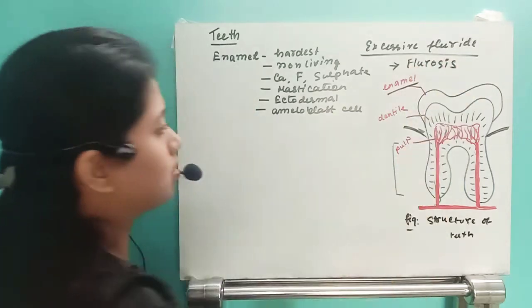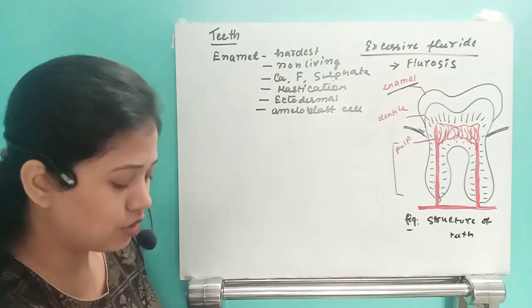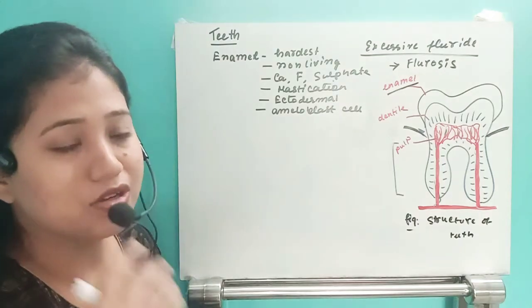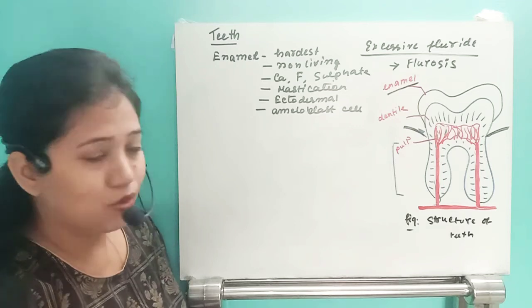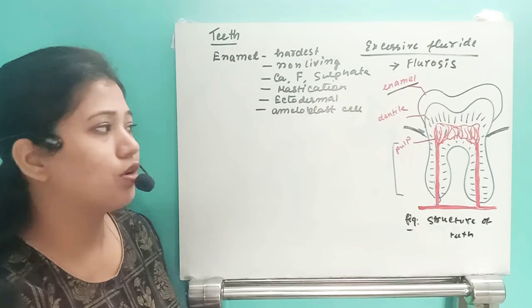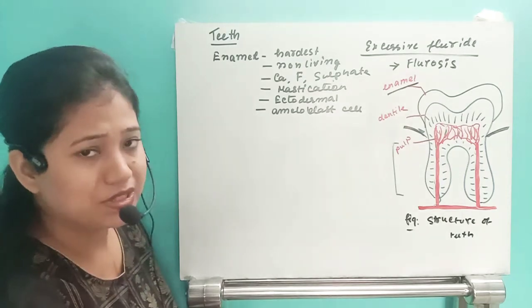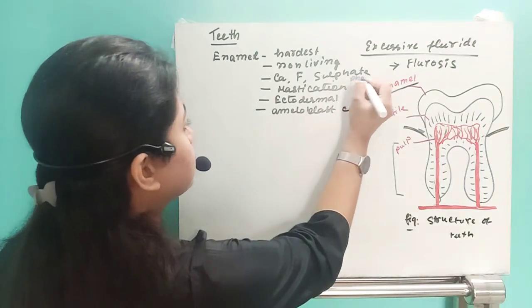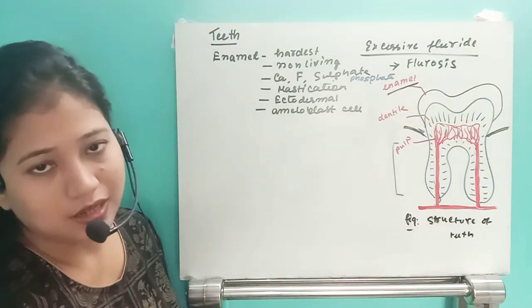Due to excessive fluoride, people can have an irregular surface area of the teeth, which is called fluorosis. Otherwise, a normal amount of fluoride is necessary for the normal structure of the enamel. Calcium is there, sulfate is there, phosphate is also present. So that will make the enamel.